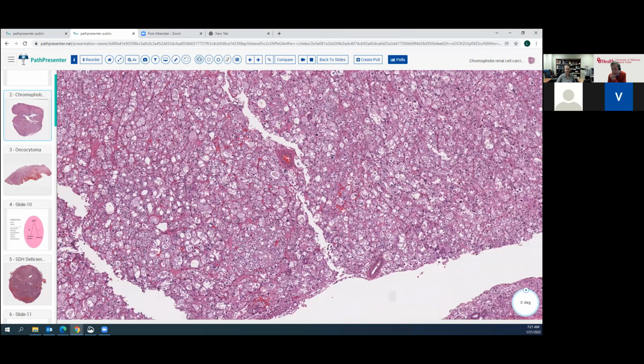The cytoplasm is very fibrillary, maybe some microcystic change with these clear vacuoles, almost kind of feathery with the eosinophilic change. It's not very homogeneous, like we'll see in our next tumor. But overall, the cells are fairly uniform. There's some binucleation here and there.